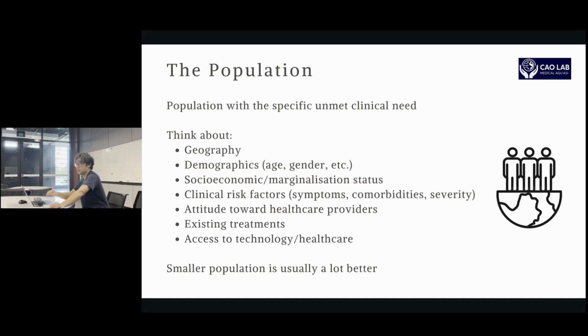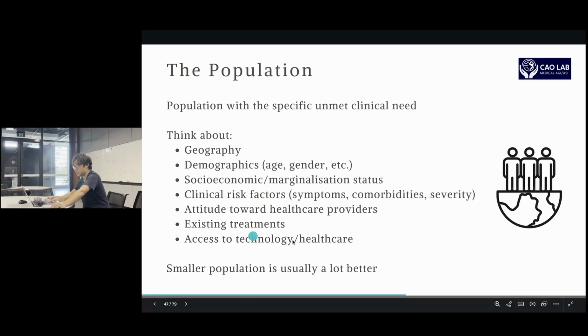Existing treatments, maybe they've previously been treated with X, right? So maybe they've previously had an intubation which has failed, and so therefore you can identify these people because they previously have had a failed intubation, and so they're more likely to have another failed intubation. Access to technology in healthcare, right?